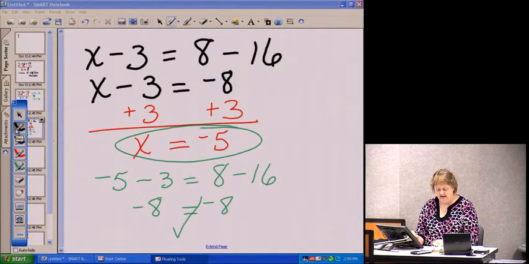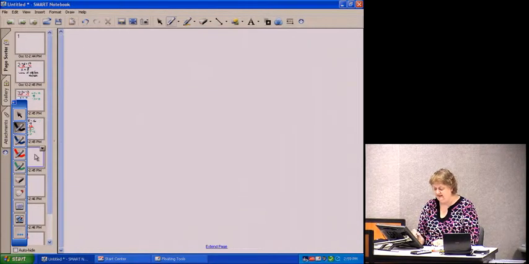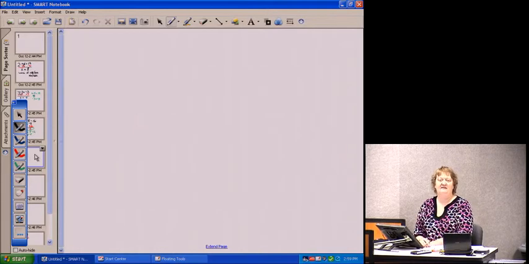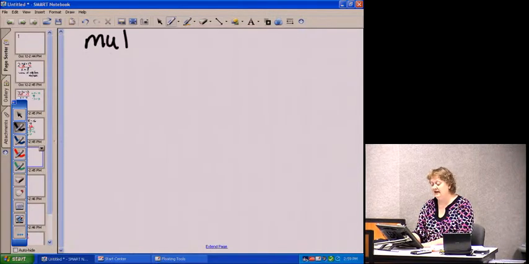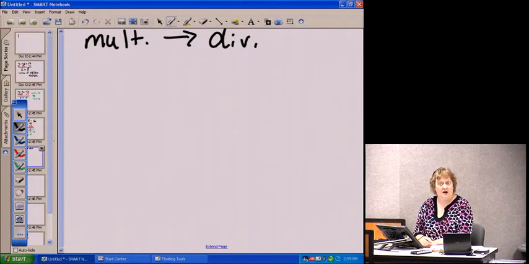Okay, let's look at the other type of one-step equations that we have. Those are the ones that involve multiplication and or division. Just like addition and subtraction are inverse operations of each other, multiplication and division are inverse operations of each other.